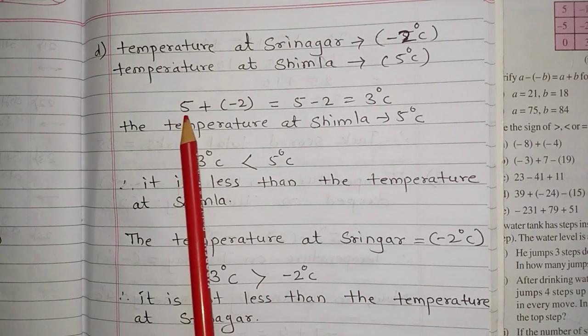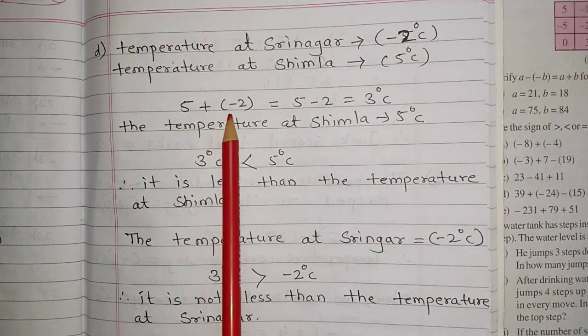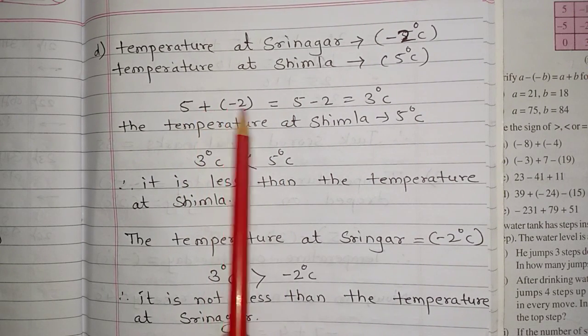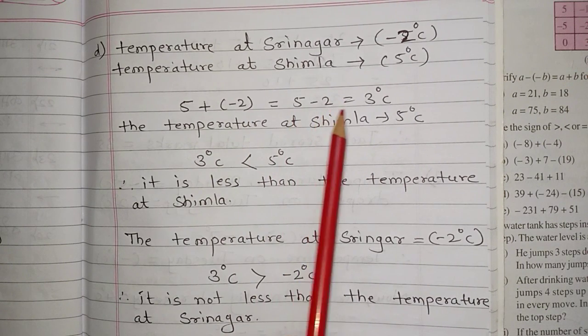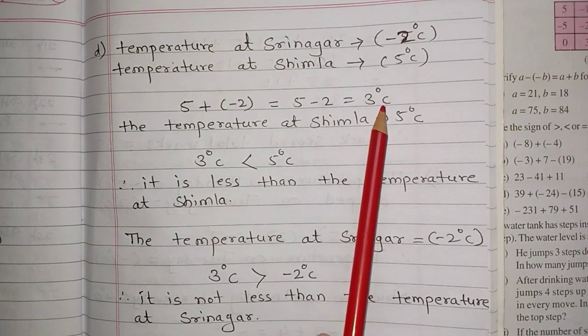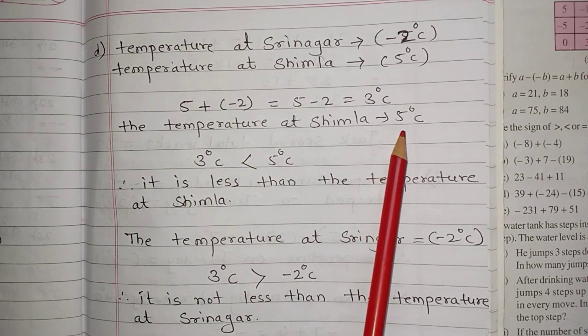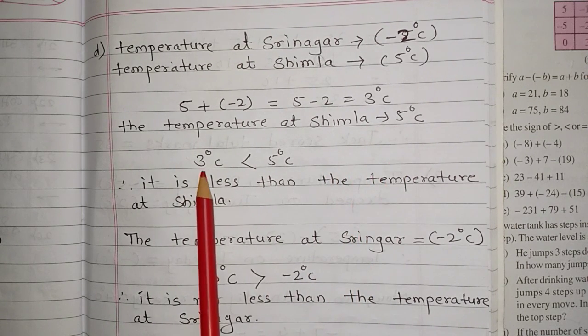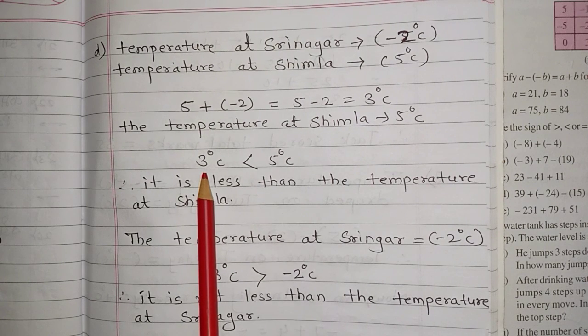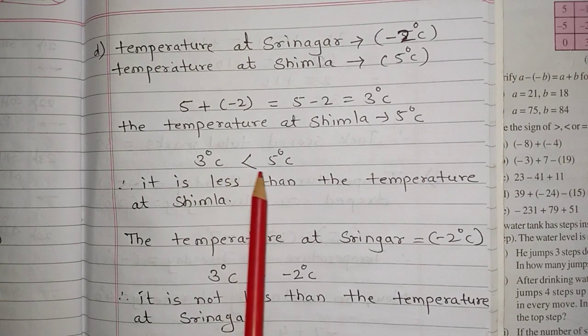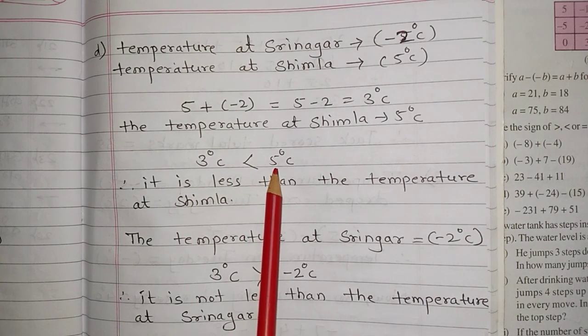Now let's add them. 5 degrees plus minus 2. Solve the bracket. Plus into minus becomes minus. So 5 minus 2 is equal to 3 degrees centigrade. So the temperature at Shimla is 5 degrees centigrade. Now their sum is 3 degrees centigrade, which is less than the temperature at Shimla.